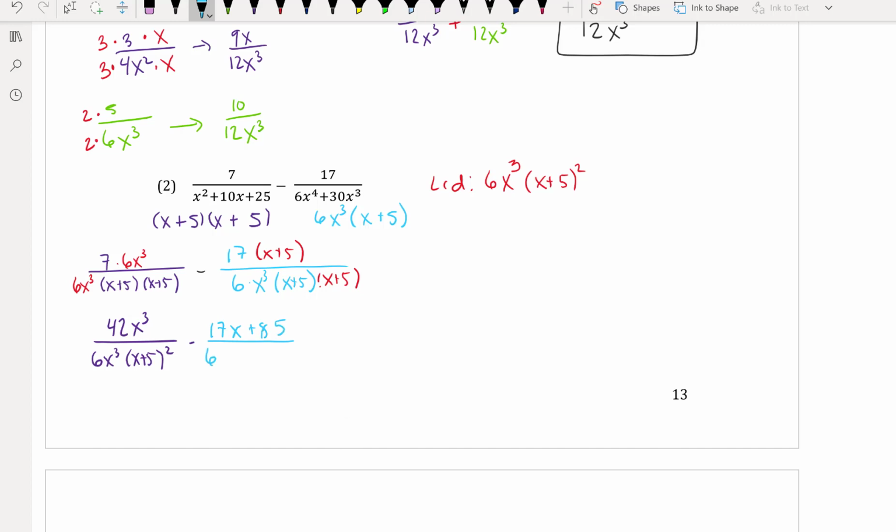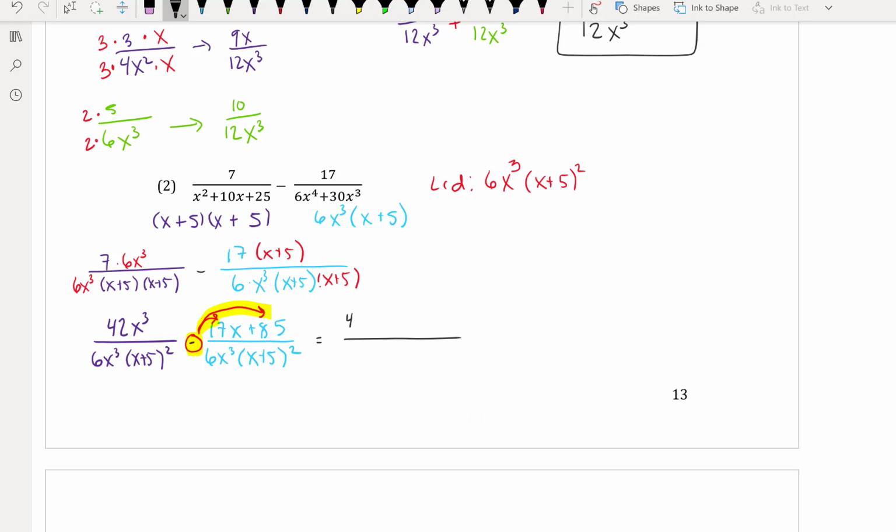And it's my 6x cubed over my x plus 5 squared. So now this is where I'm going to combine everything. So that subtraction here, it's subtract everything. So I have to make sure that I distribute. So please, please, please make sure that you understand that that negative gets distributed to everything.